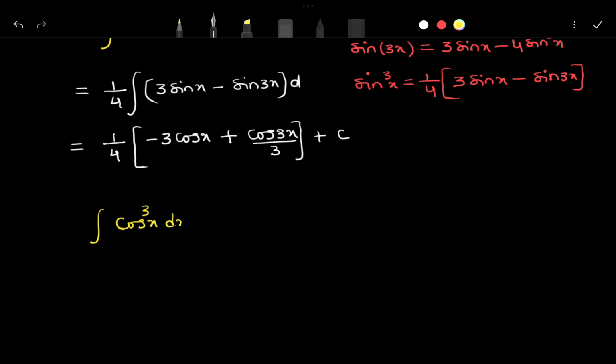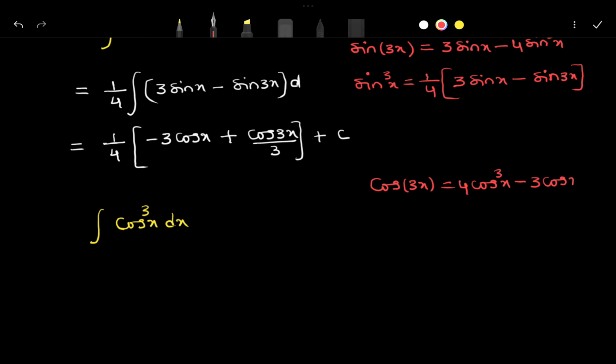So you know in trigonometry, that's the cos 3x formula. Cos 3x will be 4 into cos cube x minus 3 into cos x.